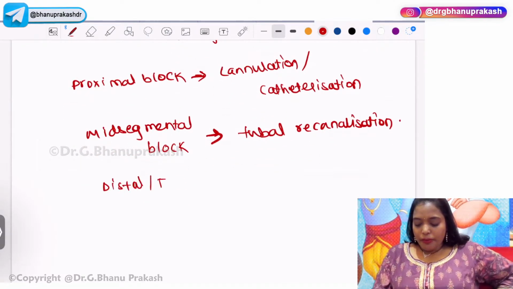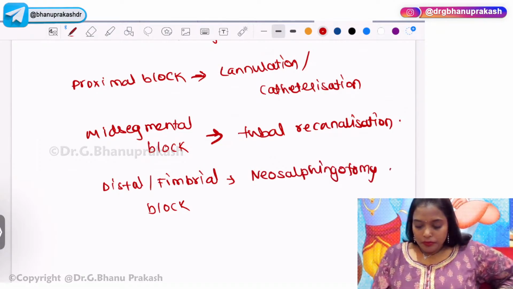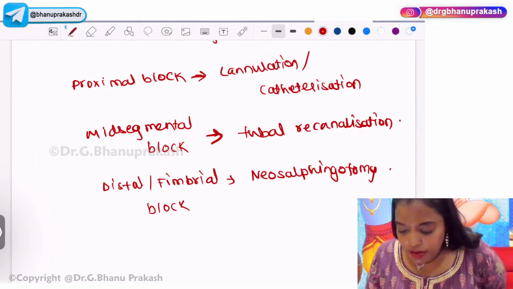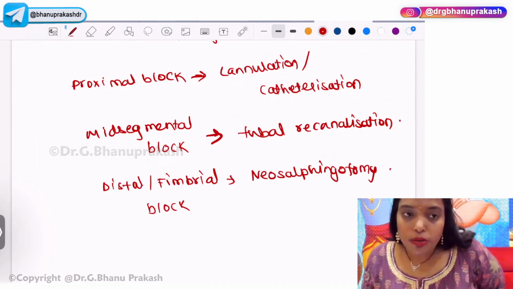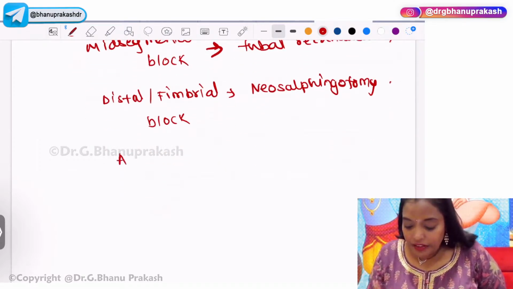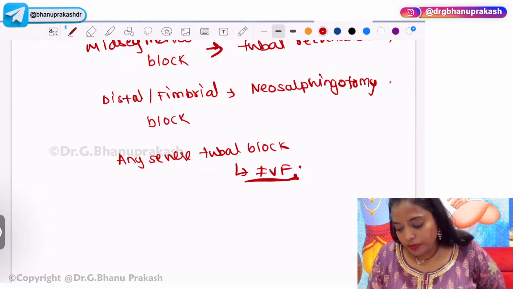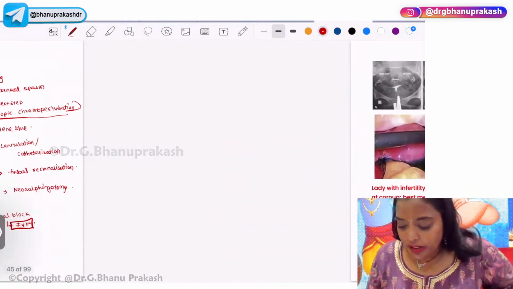When you have a distal or fimbrial block, you'll do neosalpingotomy. For any severe tubal block, the best treatment is IVF.